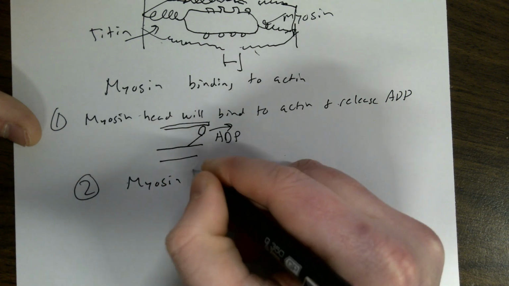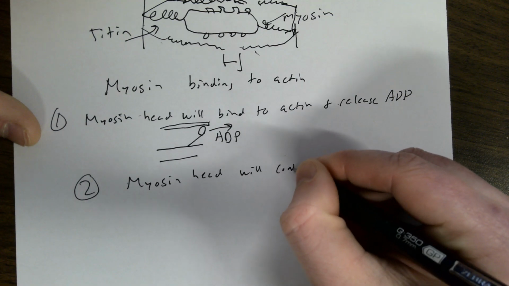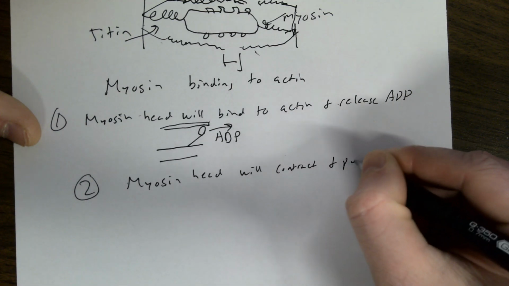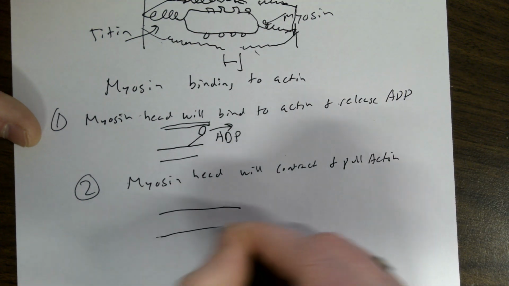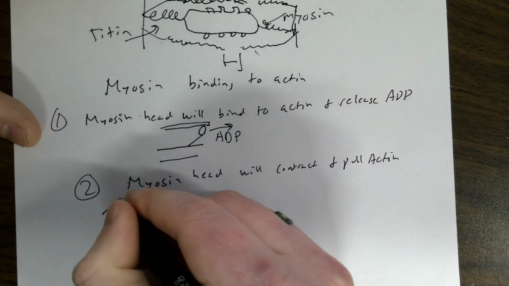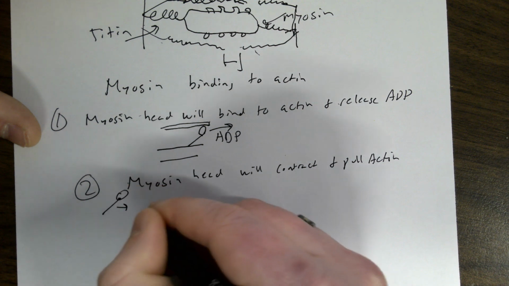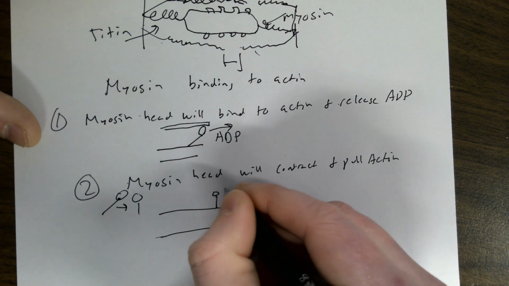Step 2, the myosin head will contract and pull actin. It's going to go from this angle to this angle, and so it's going to move to this position.